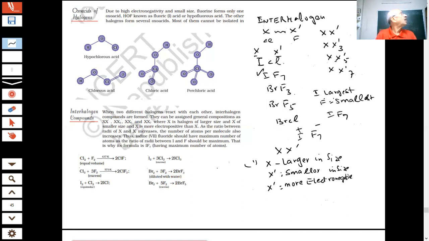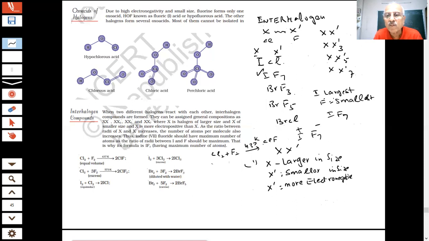Okay. So when we prepare them, again, a question has been asked on preparation. In the preparation, what we see, students, for example, if I react Cl2 with F2, I am getting ClF at 473 K. Now here, equal volume, you will see the mention of this equal volume. You are reacting chlorine and fluorine. They react because one is more electronegative and the other is less electronegative. So you are getting ClF, but you have to heat them. Temperature is mentioned in the book, 437 Kelvin, student.